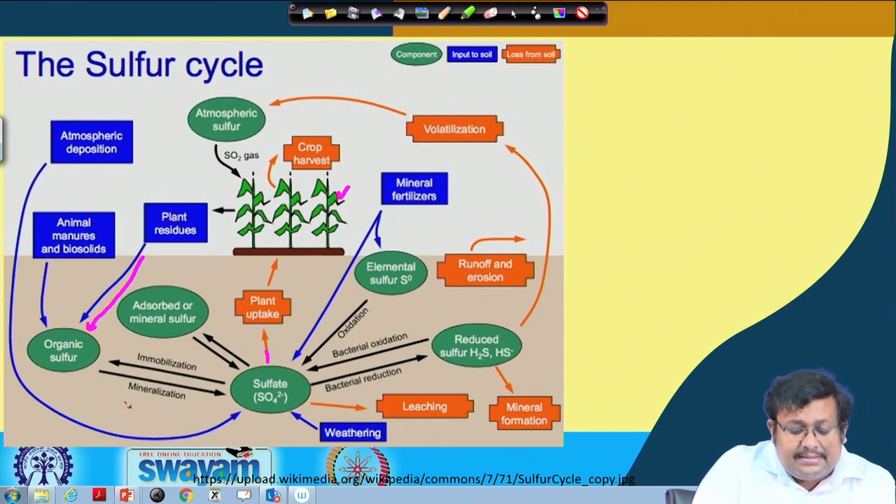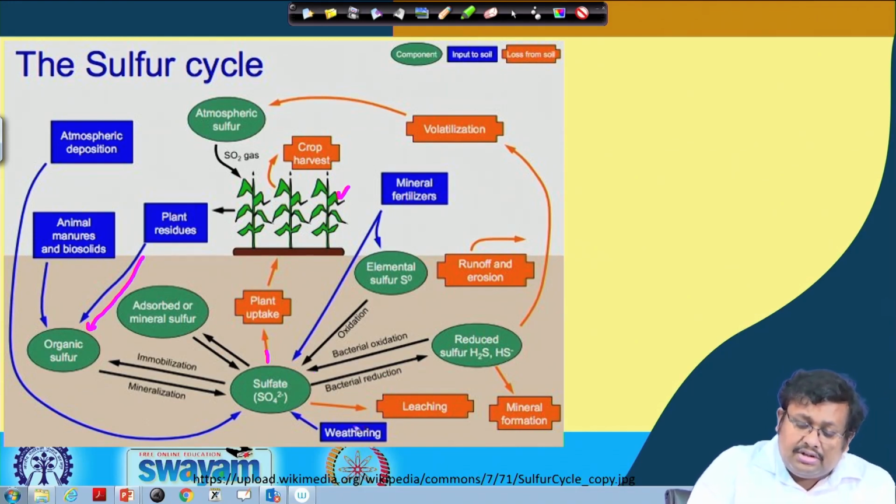This organic sulfur helps in mineralization to the sulphate form, and this sulphate further goes towards organic sulfur through the immobilization process. Also this sulphate gets adsorbed, converted to the adsorbed form or mineral sulfur, and from there also there is some dissolution of this mineral sulfur to the sulphate form.